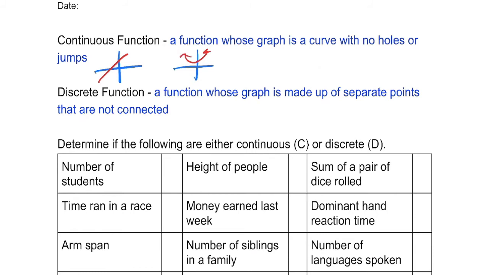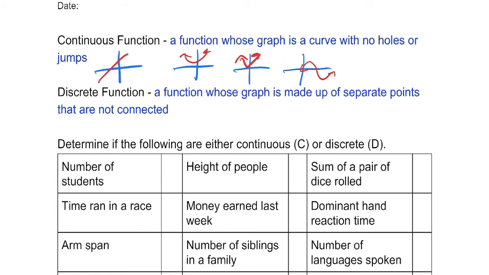Other functions we looked at in this course was the absolute value, which is definitely continuous as well. Then in the last unit, we did some sinusoidal curves, and they were definitely continuous as well because it was just a wave that continued on and on.